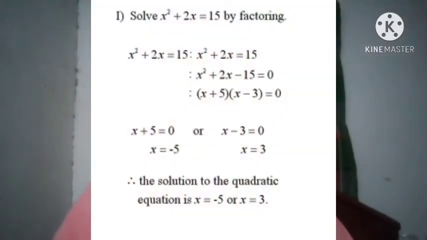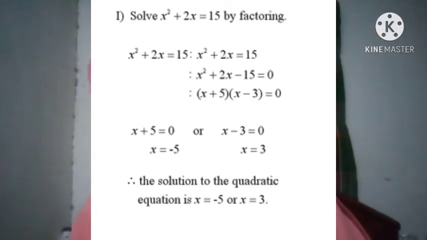The question is, solve x squared plus 2x equals 15. Before we find the factors of the equation, we should make the equation equal to 0. After we make it equal to 0, we can find the factors of the equation.